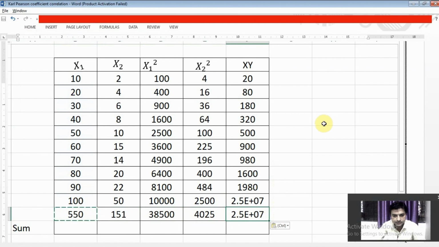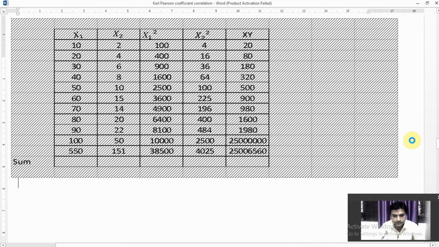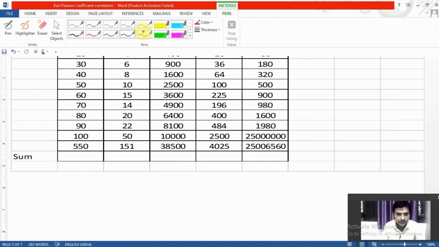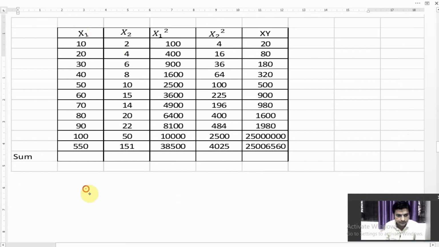Don't get confused. Sum of all the values we have calculated. So here we have the sum of all the values. I will write it here so that we can substitute in the calculator and get the answer.